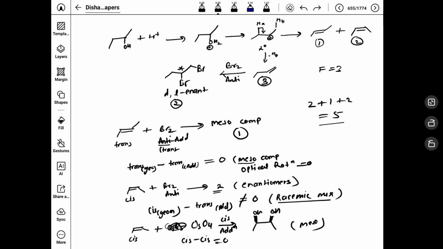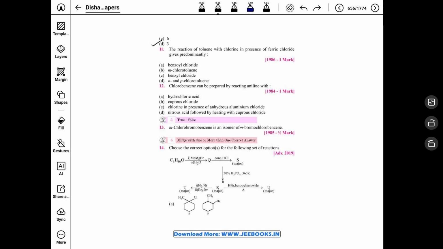Now let's move forward. Moving to question number 11. The reaction of toluene with chlorine in the presence of ferric chloride gives predominantly. So this reaction is an example of electrophilic substitution reaction. So this is the structure of toluene, and when you react it with chlorine in the presence of FeCl3, it generates Cl positive as the electrophile, and this electrophile attacks the benzene ring.